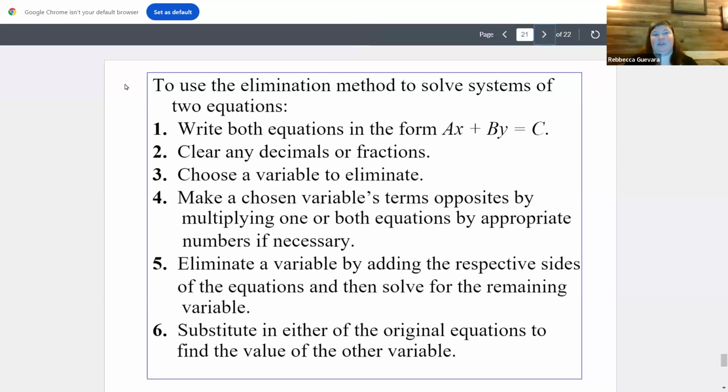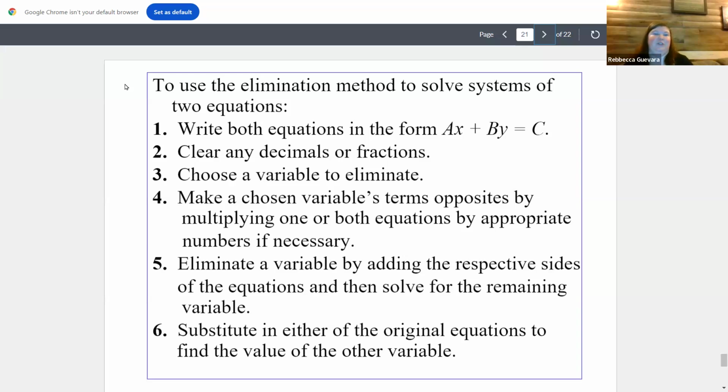So this here was just for you. Just how to go through solving a system of equations. If you had any decimals or fractions, you would always want to clear those first. We're going to try to avoid giving you too many of those. Choose a variable to eliminate, like I was always picking x or y. Make the chosen variable's terms opposite by multiplying one or both equations by the appropriate number. So if one was 15x and the other one was 3x, multiply the other one by -5, so I have a 15x minus 15x.